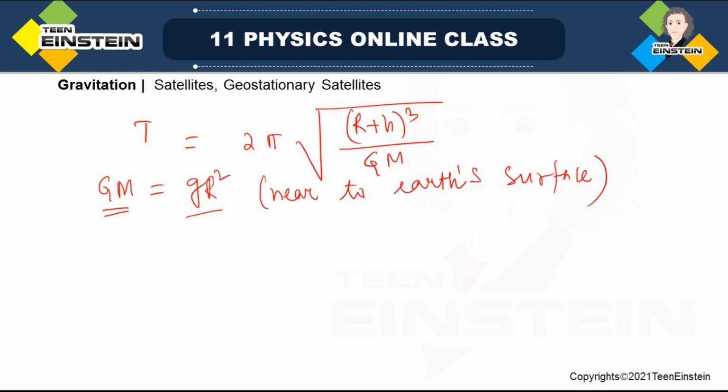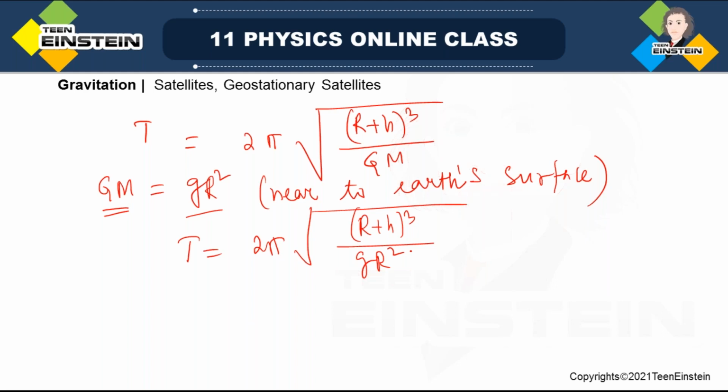This we have already proved in the previous classes. So this can be written as 2 pi root over (R plus h) whole cube, and this GM can be written as g R square. Okay, so this is also another equation for time period.